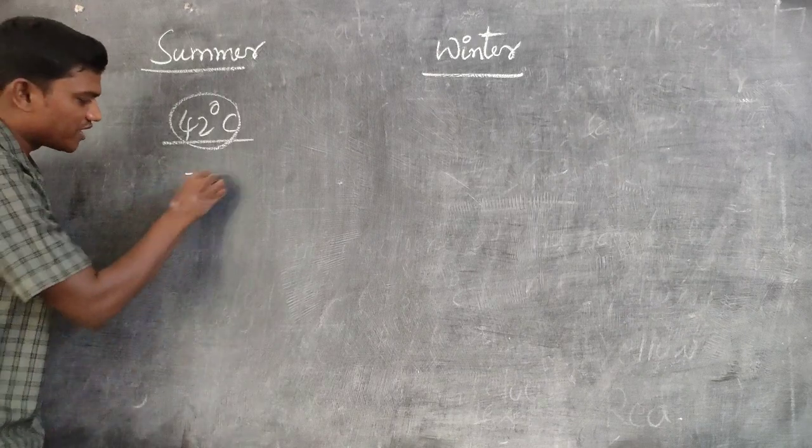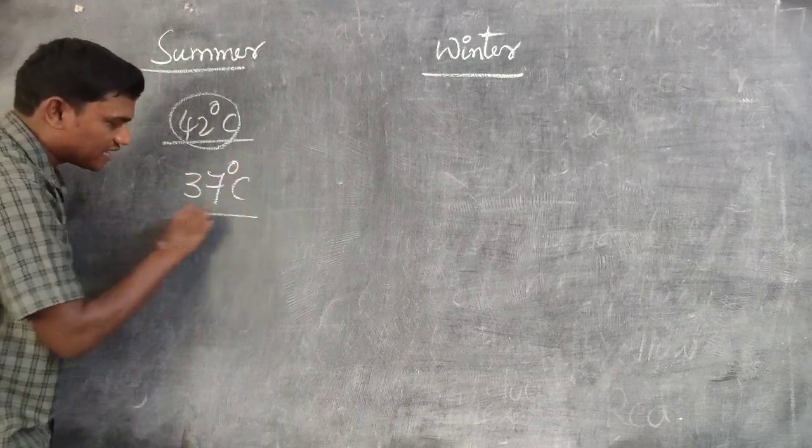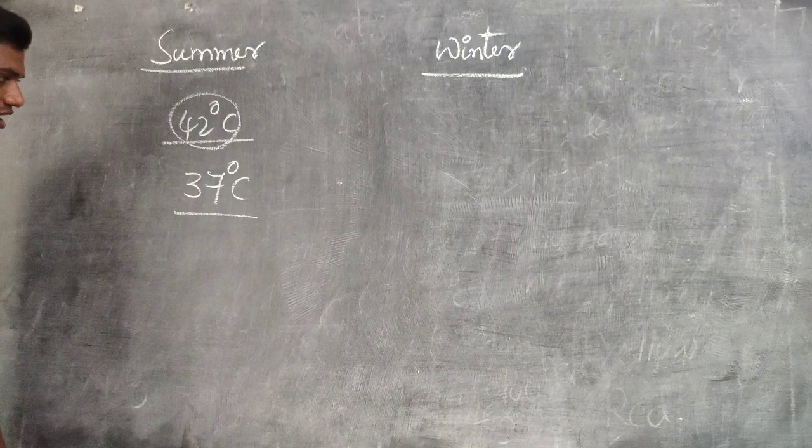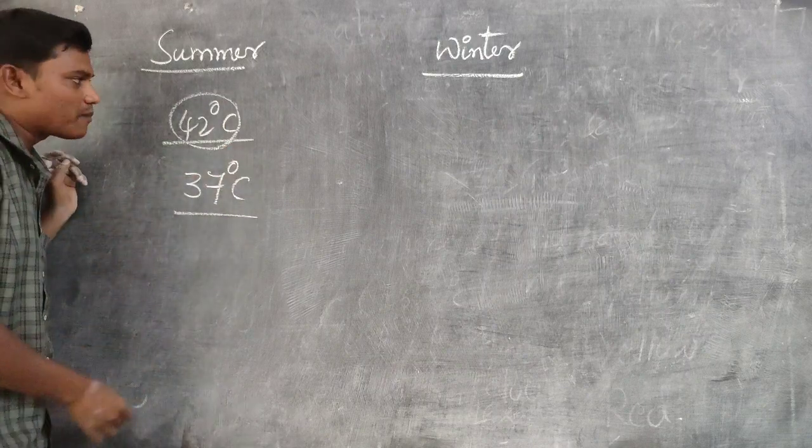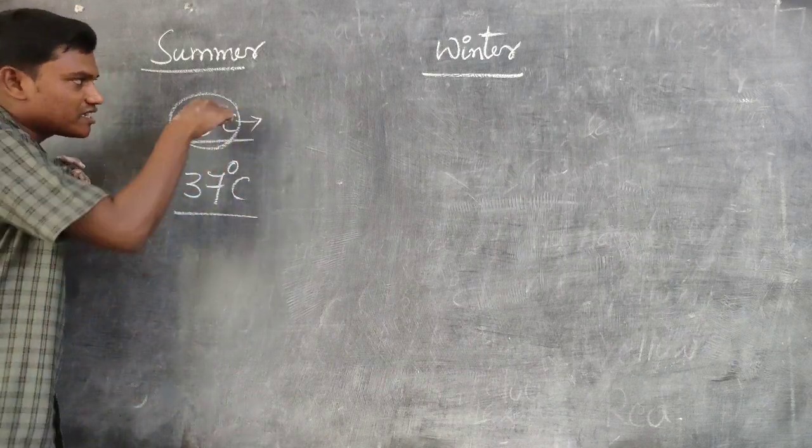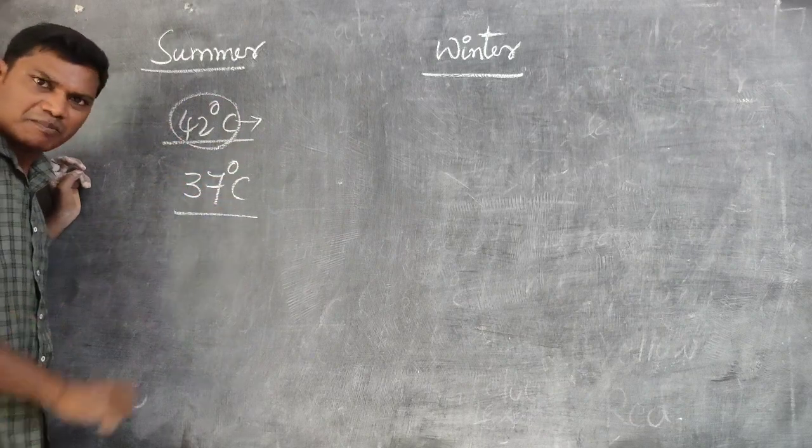And we already know our body temperature is 37 degrees Celsius. That's why during the summer season, when we stand under the sunlight, after some time, what will happen? The atmospheric temperature is more than our body temperature.